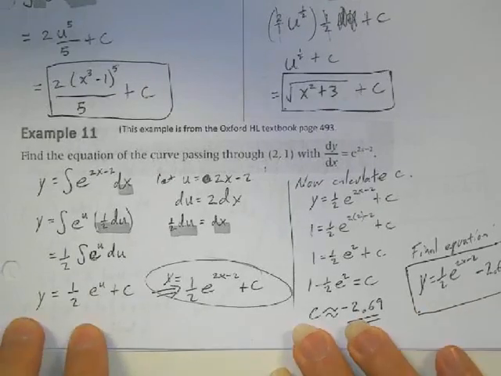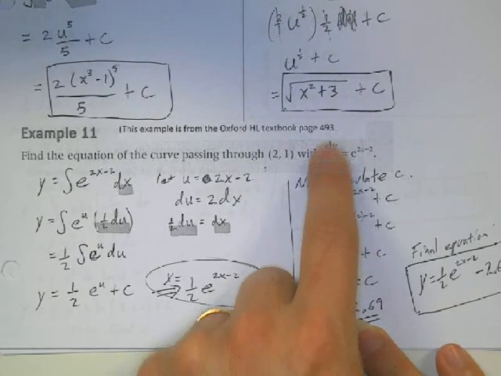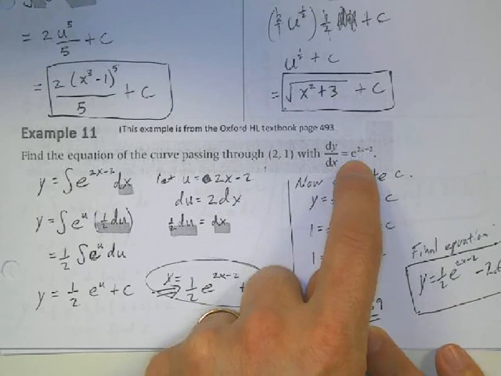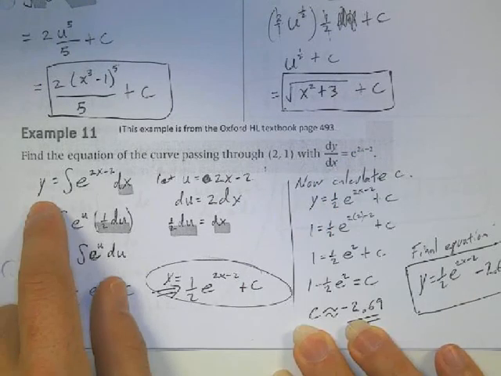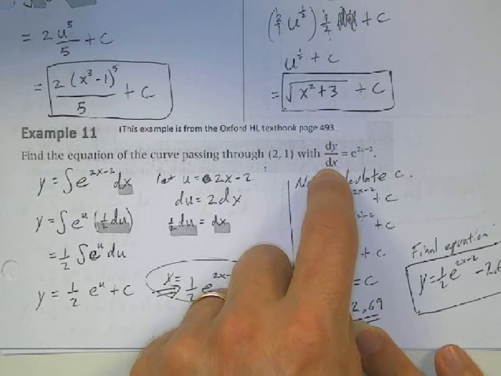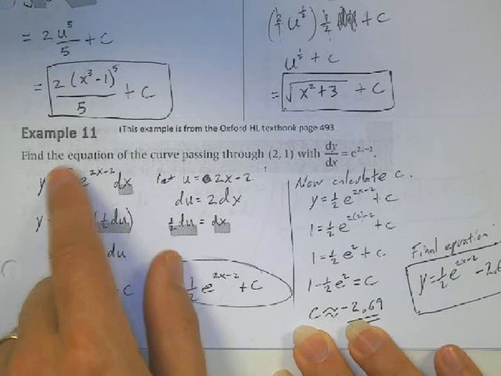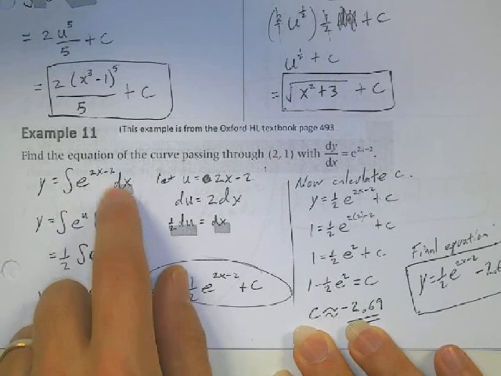So basically you've got this question. It says dy dx equals e to the power of 2x minus 2. So the first thing that we're going to do is we can take the integral of the left side and we get y, and we take the integral of the right side and we get the integral of e to the 2x minus 2 dx.